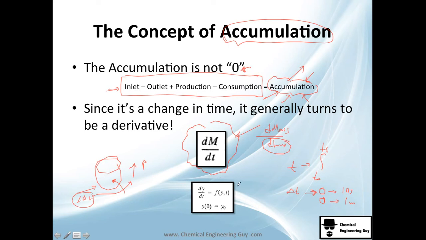Now, as you know, or hopefully know, any function of y and t that relates a derivative is called a differential equation. And normally, if you want to solve it, you need to add an initial state, or any state actually. But what we're going to see is the initial state, because that's the state you have.